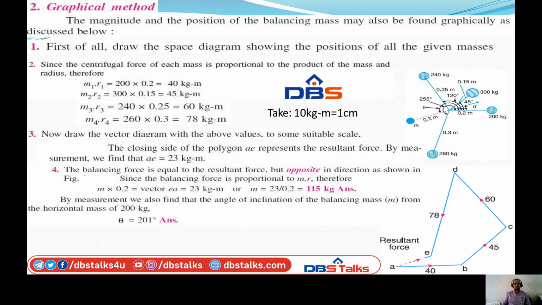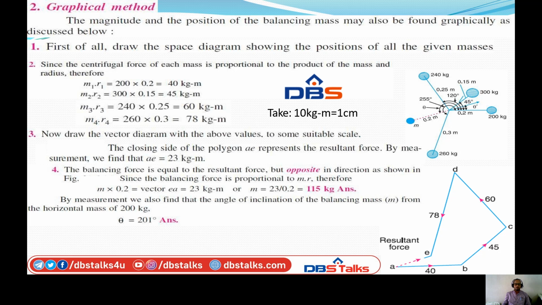The vector diagram we are constructing here is based on the angle and position of the existing masses. So now draw the vector diagram with these values to some suitable scale. Here we have to draw the vector diagram with the centrifugal forces. What are the centrifugal forces? M1 R1, that is 40 kg meter.